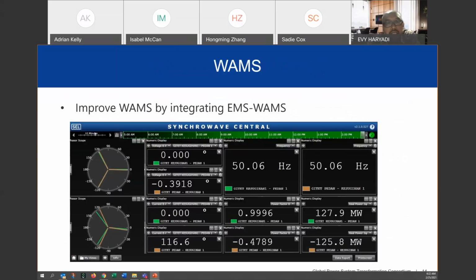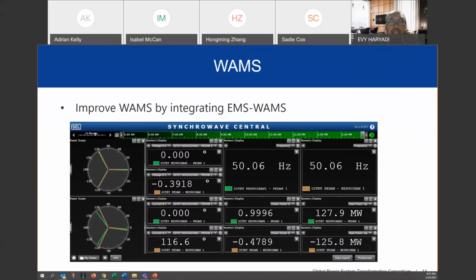This is one example of our WAMS, based on phasor measurement, and we also have the EMS, but there is still no integration between these two.